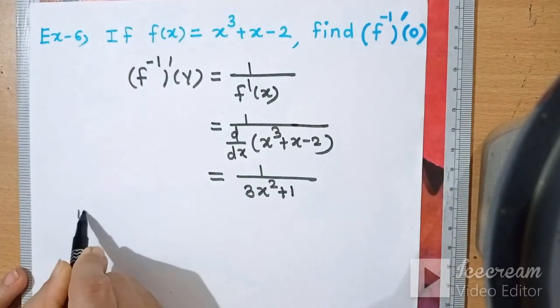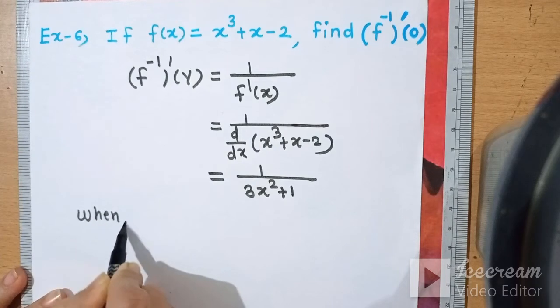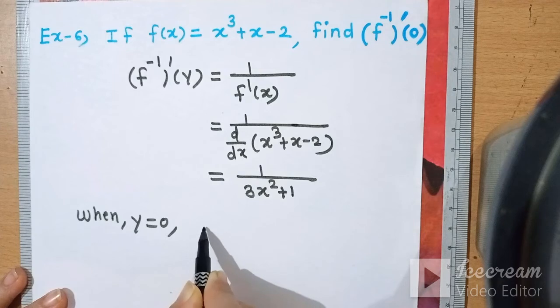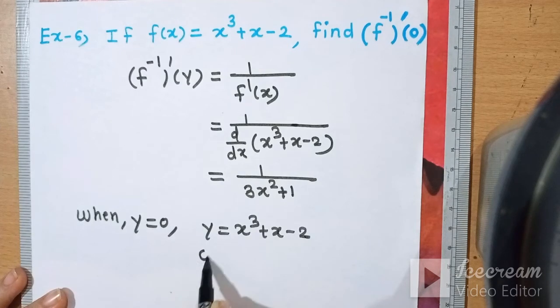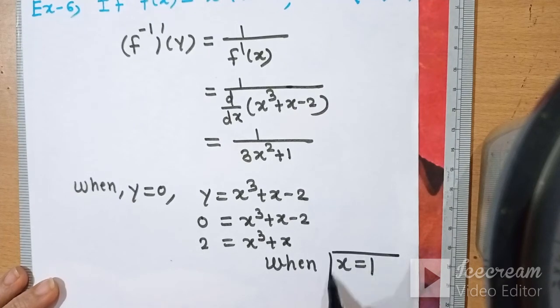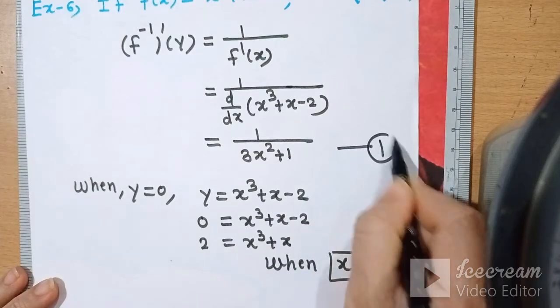So we will find what the value of x is. So y is equal to 0, that is x cube plus x minus 2 equal to 0, and so shift this 2 here. So this is possible when x is equal to 1. So again say this is 1.